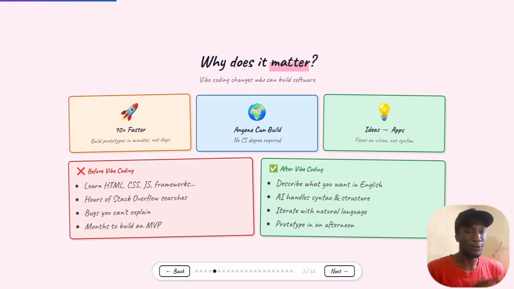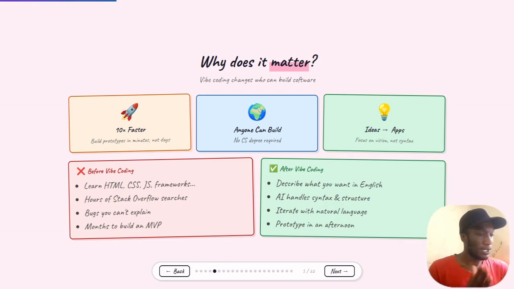There's this website called Stack Overflow, where devs came together and solved issues they were experiencing. Now AI handles the syntax and structure. You don't need to do it the hard way.